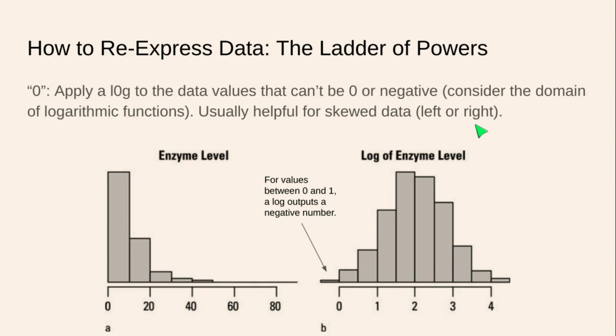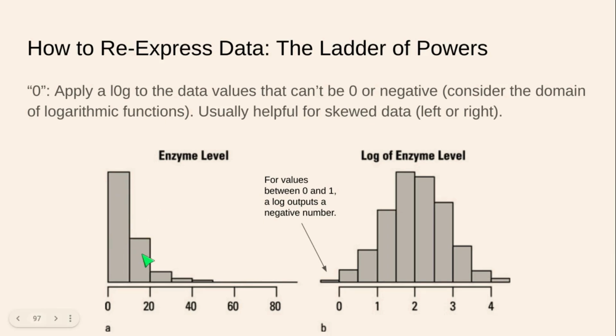What's awesome about a logarithm is it can take big numbers and make them small. It can also take really, really big numbers and make them almost as small. So it's great for condensing data that's spread over a wide interval. So say we have these data right here.